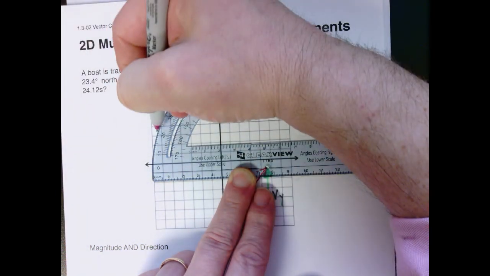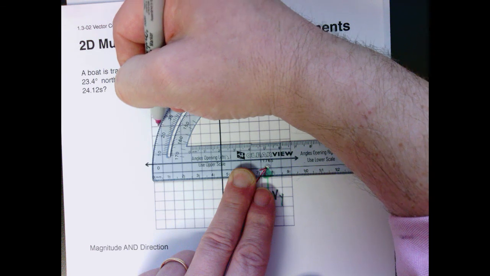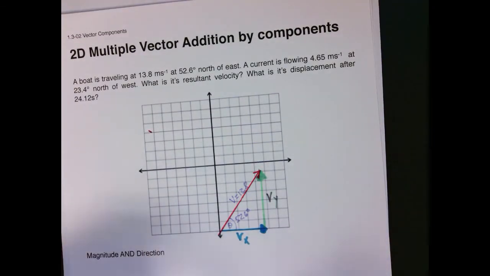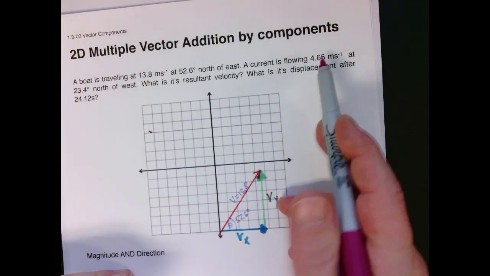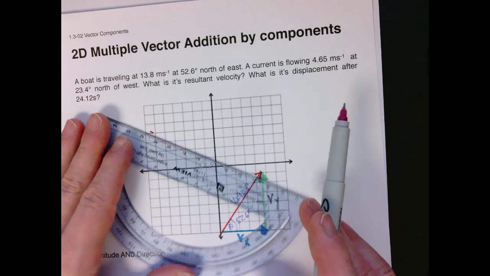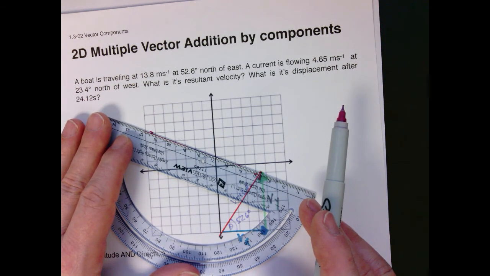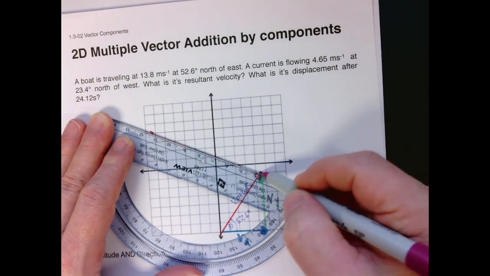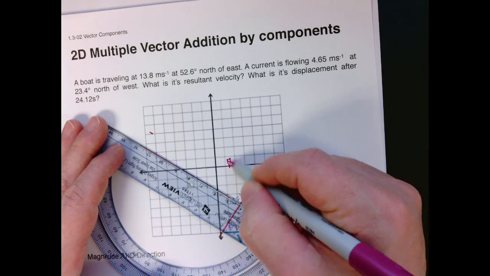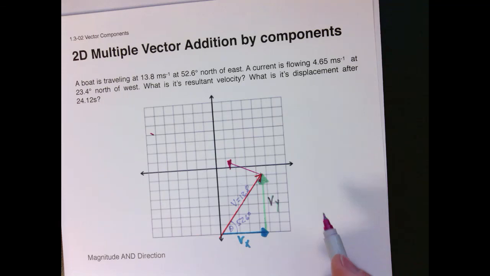So I've got 23.4, like so, and 4.65 is about 1/3 this size, so I'm not drawing it to scale in this drawing. I'm just trying to give myself a semi-accurate sketch to do some interpreting. And we might be looking at a vector like that. That's probably a little too long, but we get the idea.